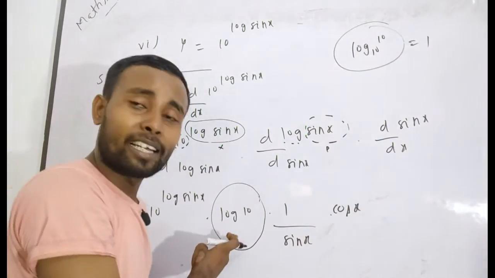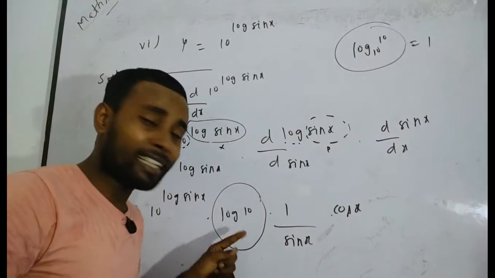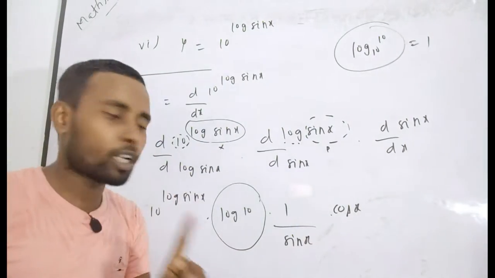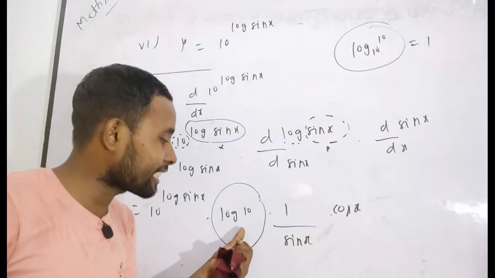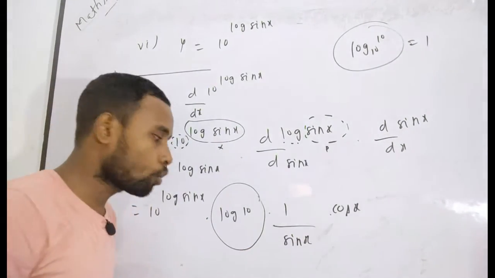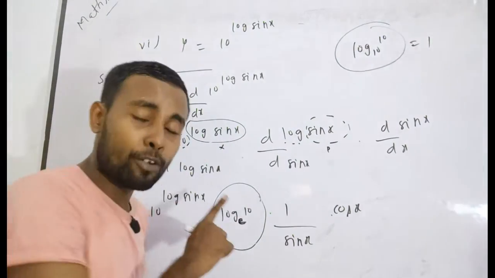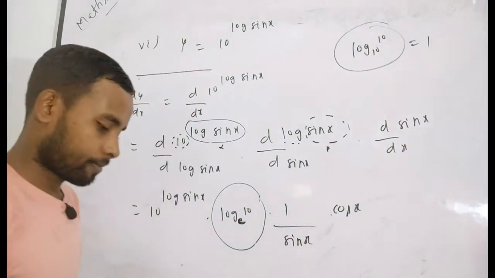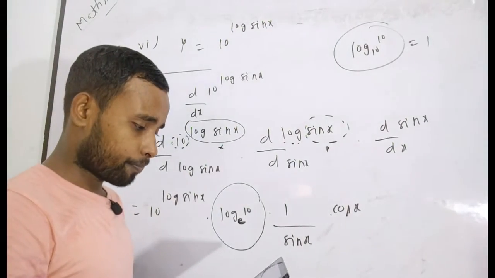But if you take it in base e, as I have already told you, if there is no mention of base, you have to automatically understand there should be e. So log 10 to the base e will not be 1; log 10 to the base 10 will be 1. I think you understand very well.